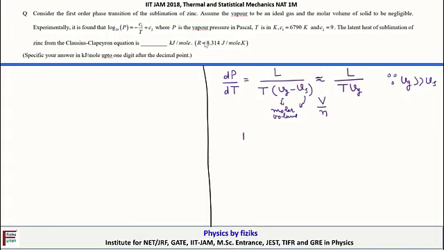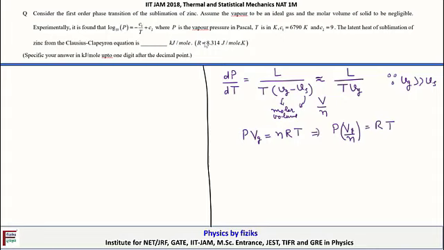So for the gaseous phase, PV equals nRT, where V is the actual volume of the gaseous phase. This can be rewritten as P times V upon n, which is the molar volume, equal to RT.